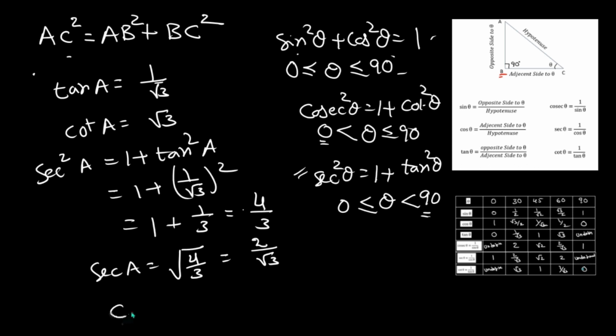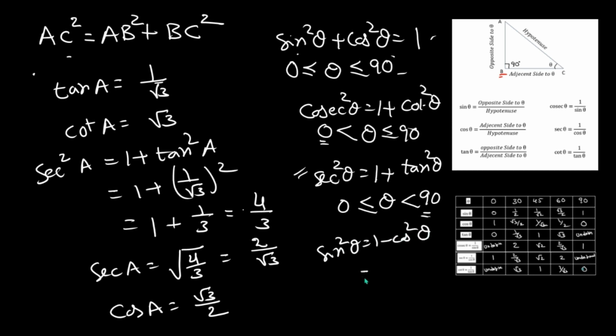From that we know cos A. Cos A is 1 by secant A, so cos A is the reverse of this, which becomes root 3 by 2. Now if you want to find sine, sine square theta is equal to 1 minus cos square theta.